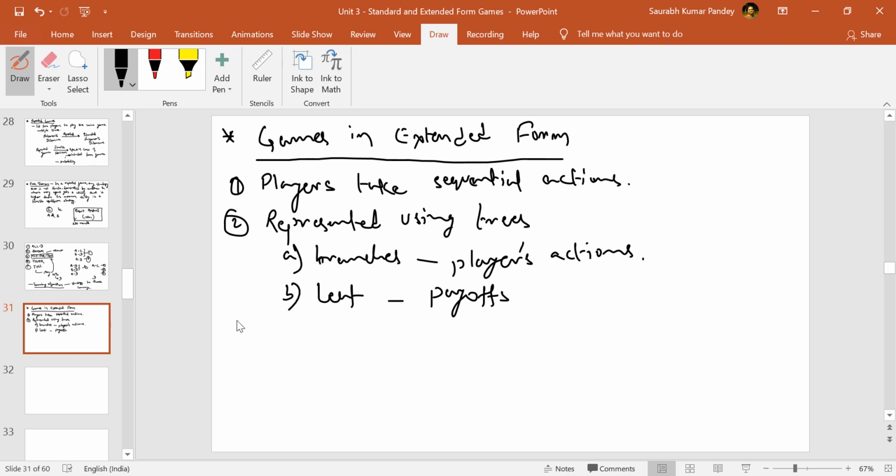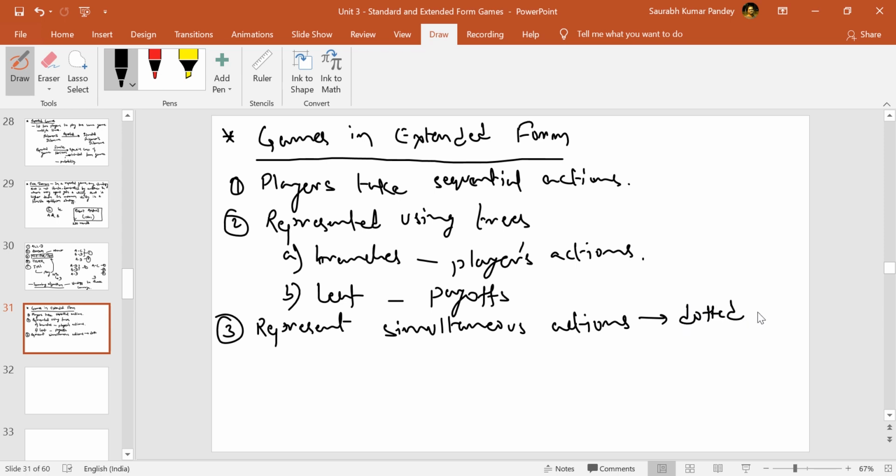Then we have the third important characteristic of games in extended form: it can also represent simultaneous actions. How can you represent that? For that you use dotted ellipses. With that you represent your simultaneous actions also, but basically players take sequential action. Now what is a dotted ellipse, and why do we represent with it?